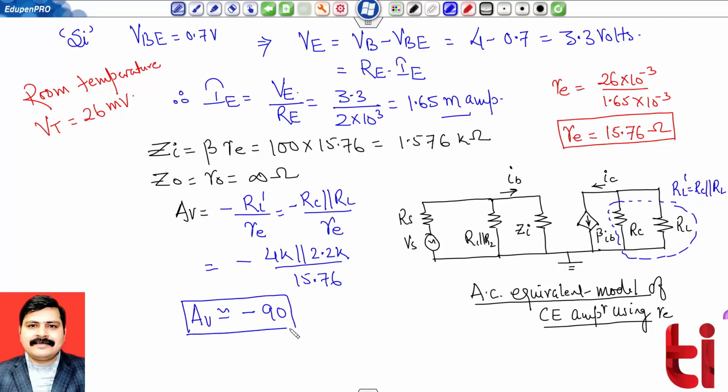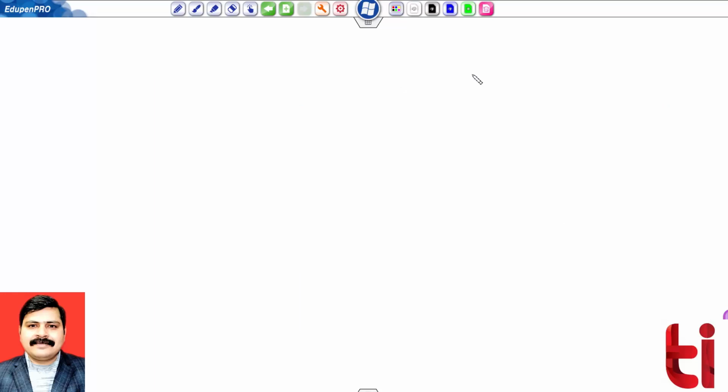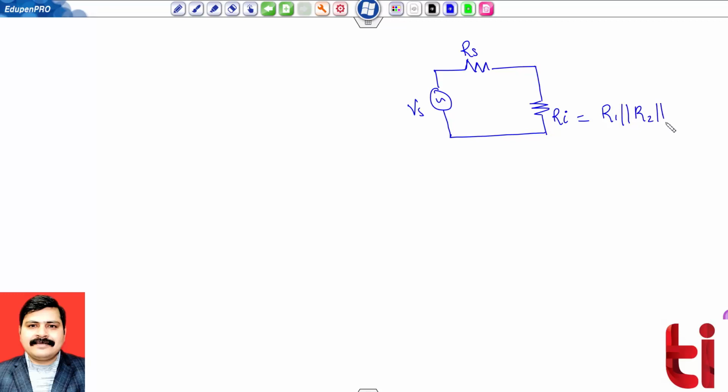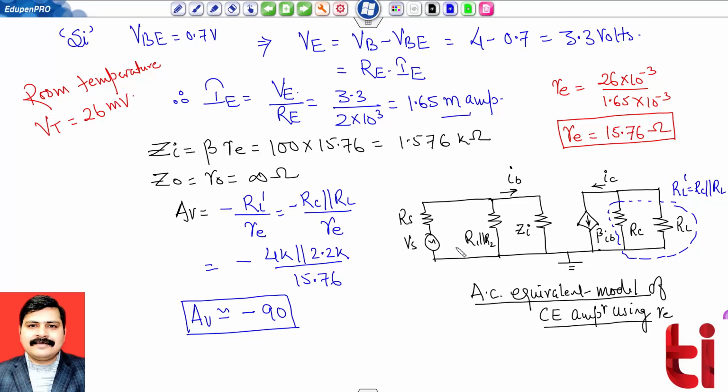Now let us check the overall voltage gain AVS. Let us calculate my overall voltage gain AVS. Ri, whose value is R1 parallel R2 parallel ZI, I will calculate over here.